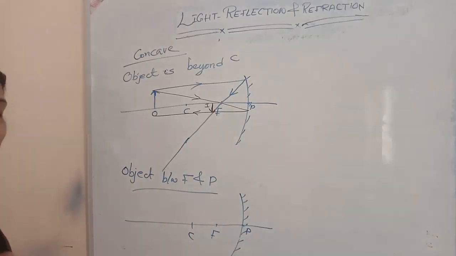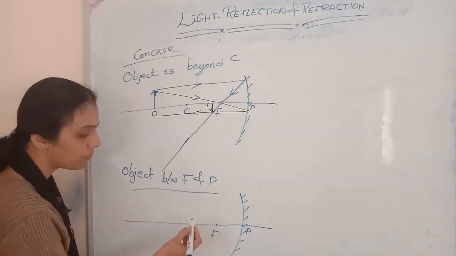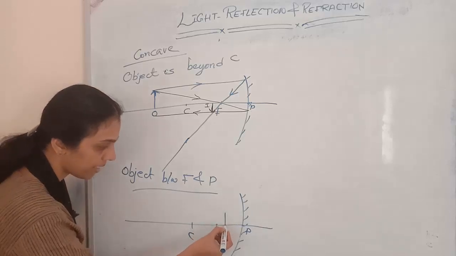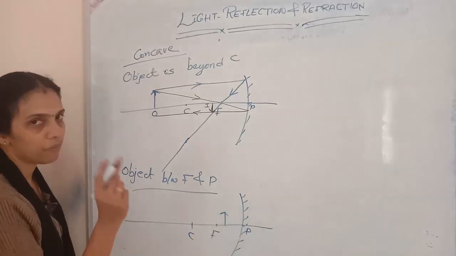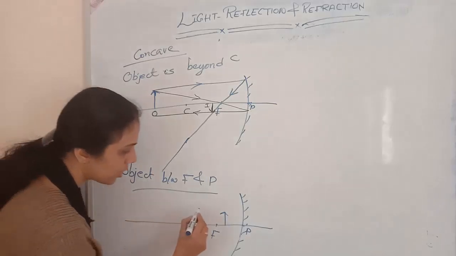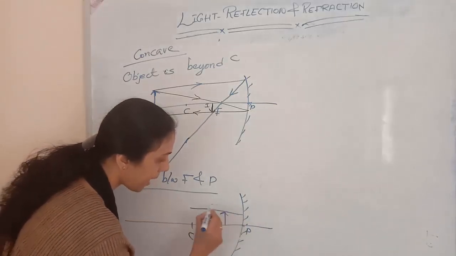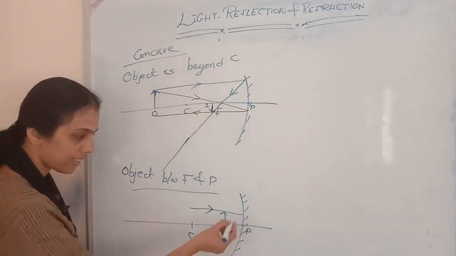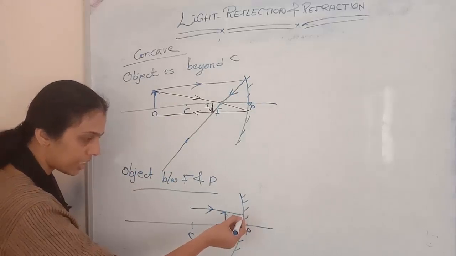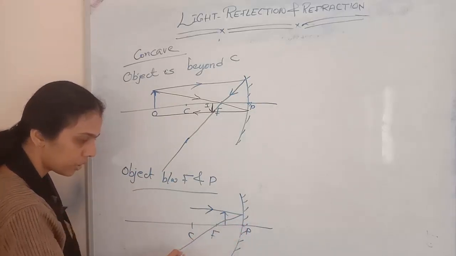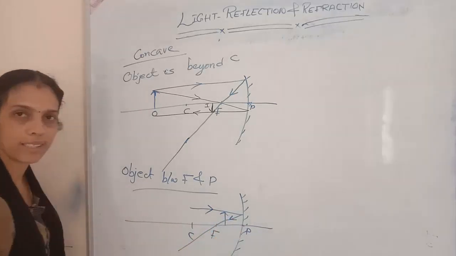Not protractor, compass. So if the object is between F and P, this is the position of the object. We can consider any two rules, right? If the ray is passing parallel to the principal axis, after reflection it will pass through the principal focus.